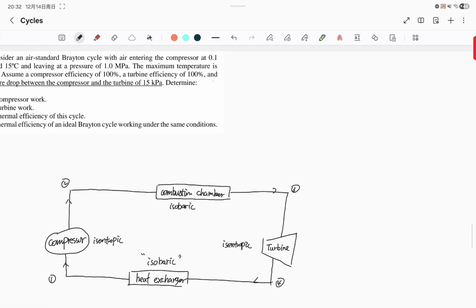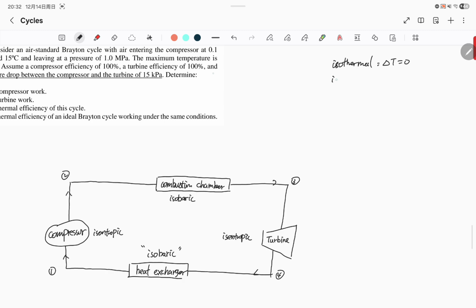Again, I'm gonna explain those terms. Let's explain all the terms actually. Isothermal. That means delta T is 0, or temperature is constant. Isobaric, P is constant.